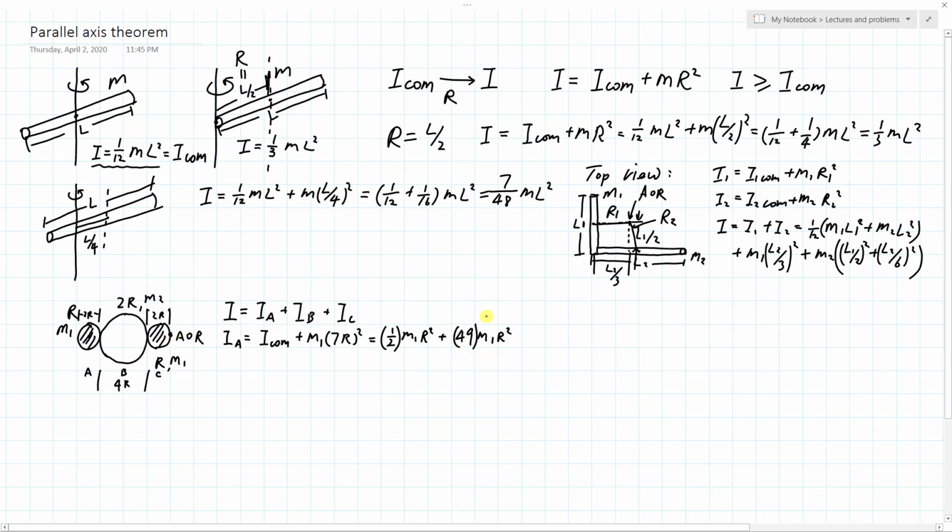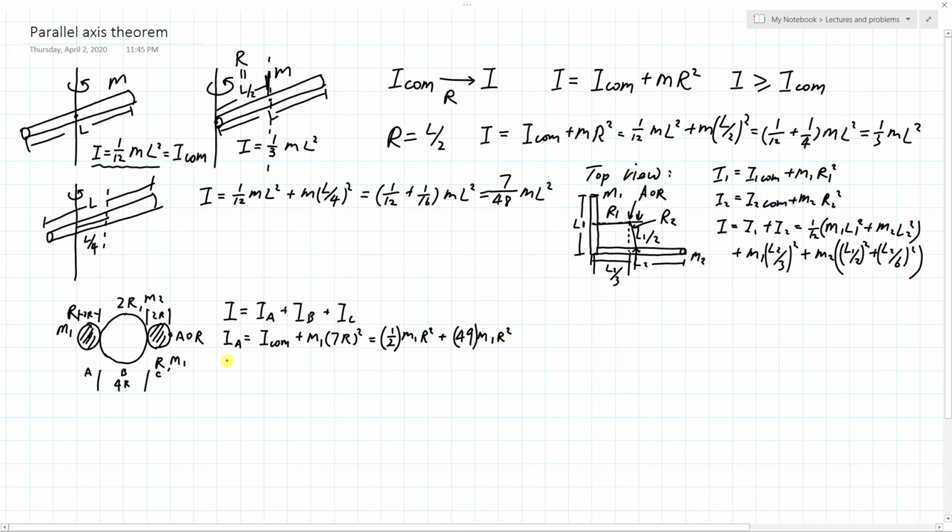This is treating the whole thing as if it were a point mass located 7r away. So this tells you how important the distance is compared to the mass. The distance is squared, so it's more important. So this is IA, approximately equal to 49 m1 r squared.